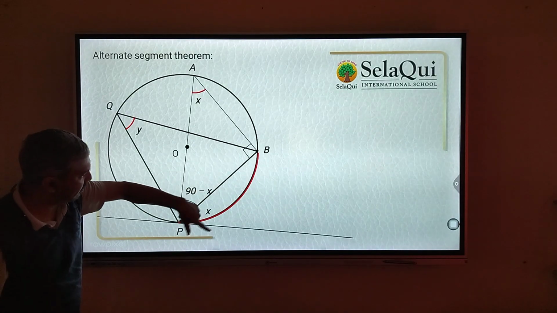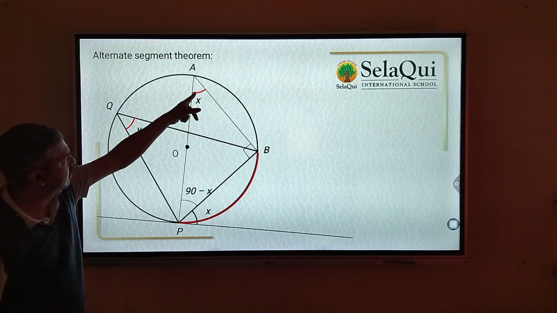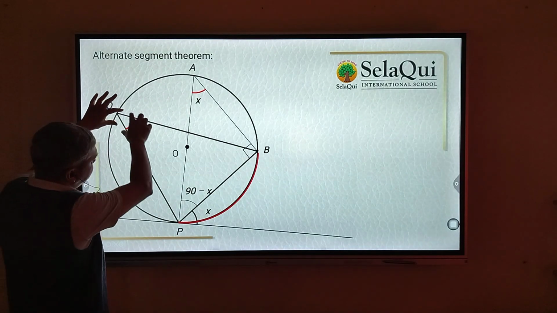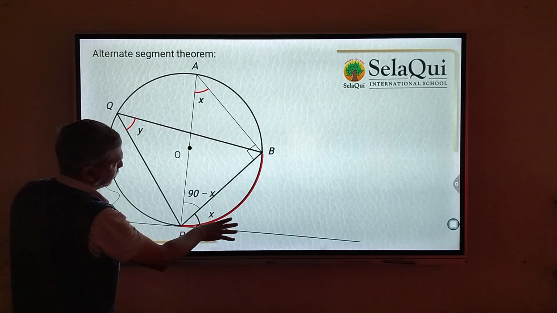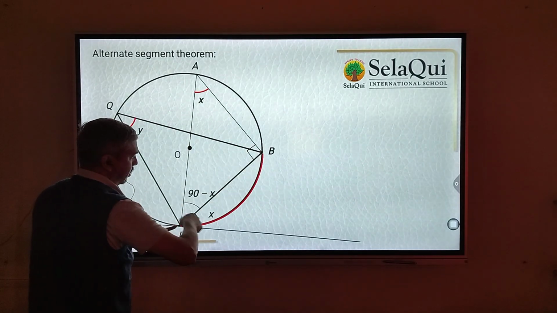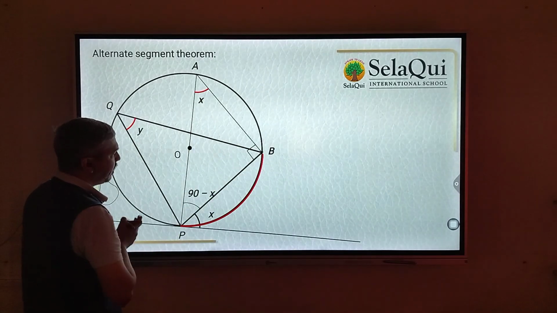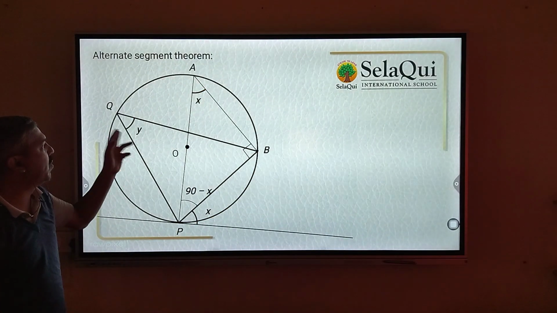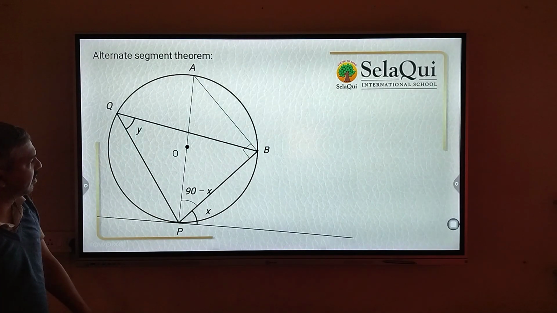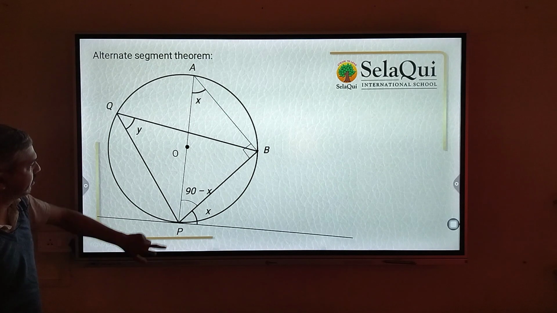See, this is the arc, this is the segment, and x and y are the angles on the same segment. That's why these two angles must be equal. So x is equal to y. And we have proven this now.